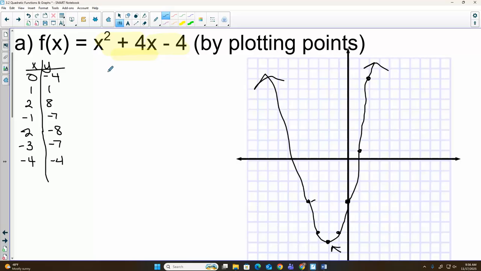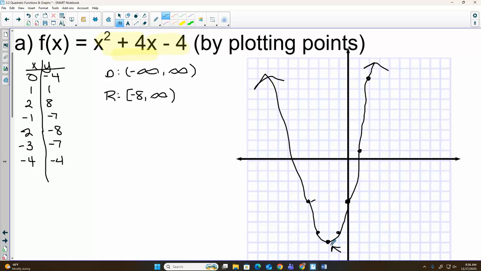Let's go ahead and answer a couple questions. What's the domain of this? What's our range? Negative 8 to infinity. Does this function have a maximum or a minimum?